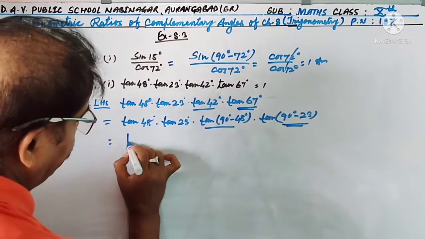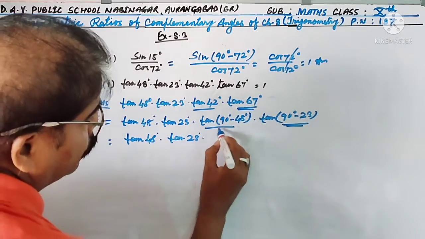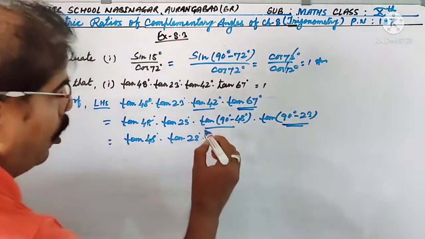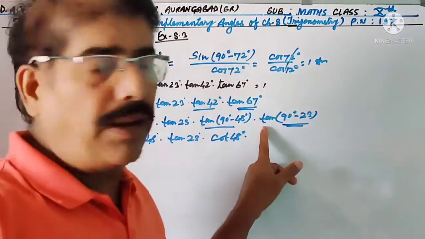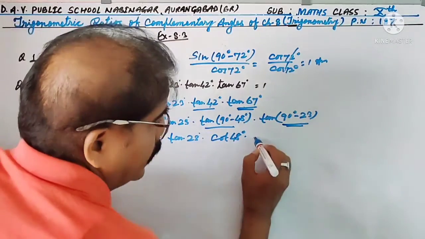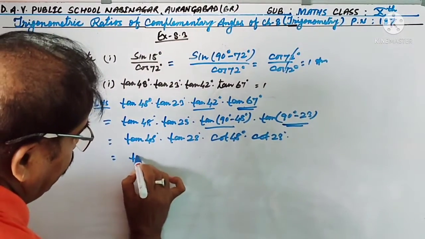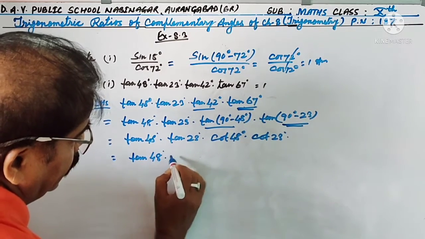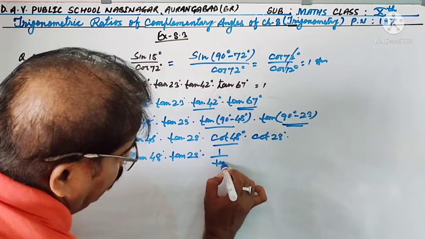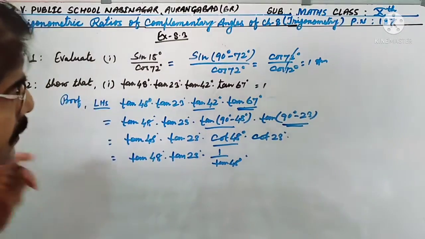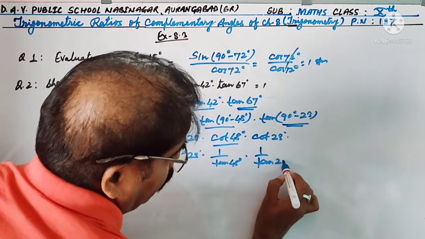Now tan 48 into tan 23 into tan 90 minus A, that is cot A, that means cot 48 degrees, and tan 90 minus A equals cot A, that is cot 23 degrees. So tan 48 degrees into tan 23 degrees, and cot 48 is written as 1 by tan 48, since the reciprocal of cot A is tan A, and cot 23 is 1 by tan 23.